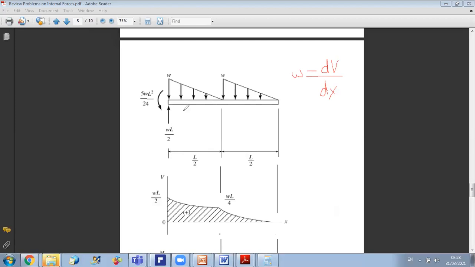Since omega is negative, because the load is downward, V is decreasing. So I will start with a negative slope equal to minus omega.